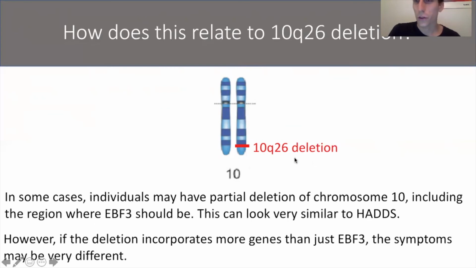So 10q26 deletion often involves deletion of EBF3. And as you can imagine, if just EBF3 is deleted, 10q26 deletion syndrome can look very similar to HADDS. However, 10q26 deletion can also, in other instances, involve a greater portion of chromosome 10. And if it involves more genes than just EBF3, this can look very, very different from HADDS.